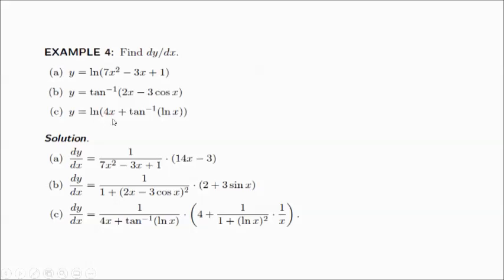And then yung C, class, is ln again. So 1 over yung u, kumbaga yung kasama ni ln, 4x plus inverse tangent ln x. And then i-derive yung denominator. So derivative ng 4x is 4 plus, now, meron additional na inverse tangent dito.